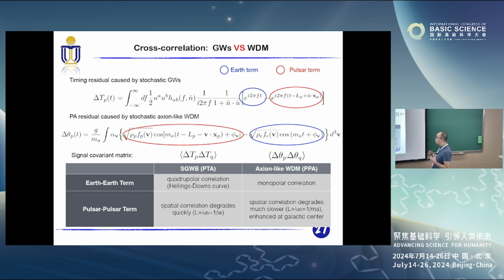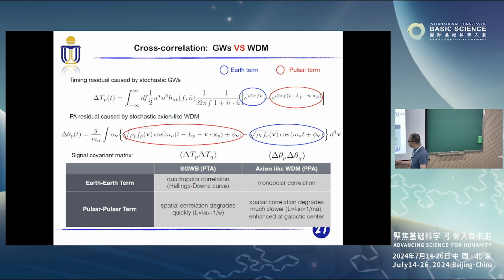And with these two formulae, we can calculate the two-point correlation function for the timing residual and the position angle residual. In the first case, the Earth term interplay has a quadrupolar structure.